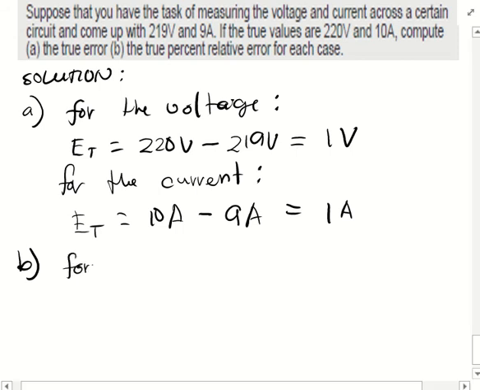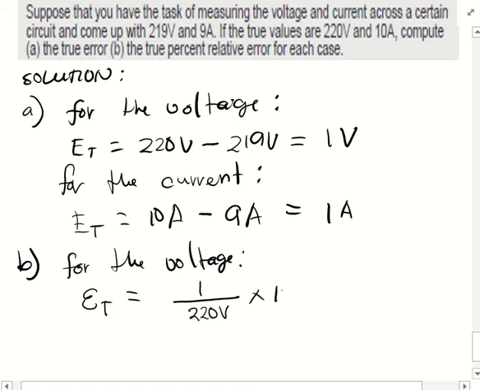So for the voltage, the relative error epsilon of t will be equal to 1, that's the E of t, divided by the true value, which is 220 volts, and you just multiply this one with 100%. So the result will be equal to 0.45%.